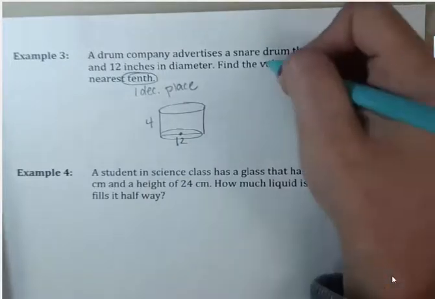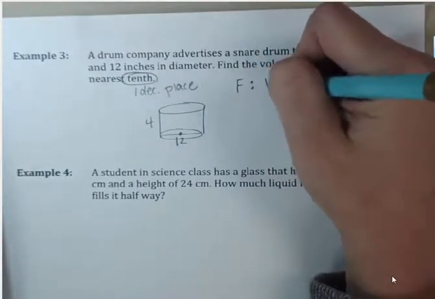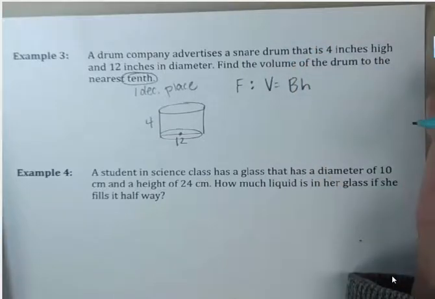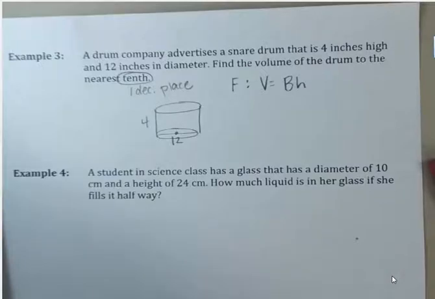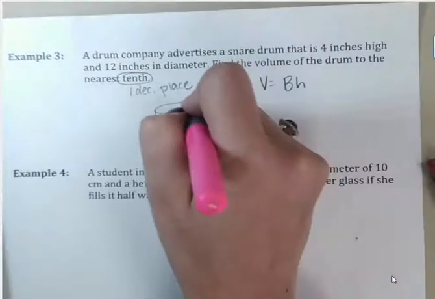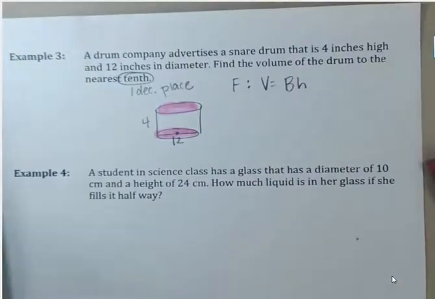So I know I'm finding volume, which is volume is equal to big B times H. I'm going to highlight my bases next to figure out what my big B is. And my big B looks like they're going to be circles.